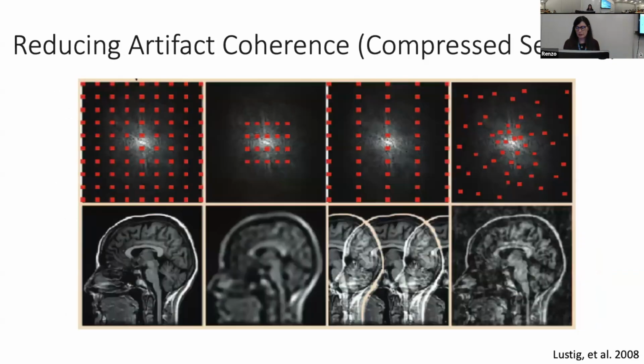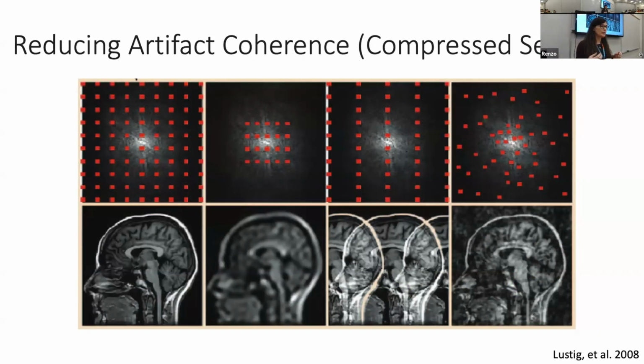And just as an example of what that generally looks like, I'm going to move on to another type of filling in algorithm that is using a slightly different principle, but we're going to start with just pointing out that, like we saw on Tuesday, and also you saw in a previous slide, if you're skipping lines like you are here, your artifacts are always going to fold over in the exact same position. They are what's called coherent. So in other words, you are actually forming an image with the data that are wrong in your model.